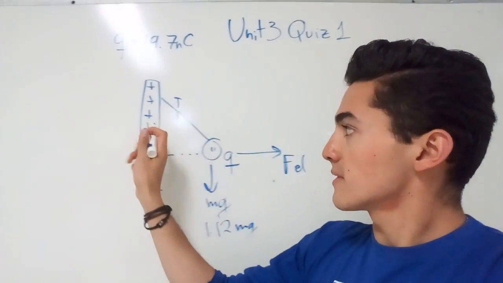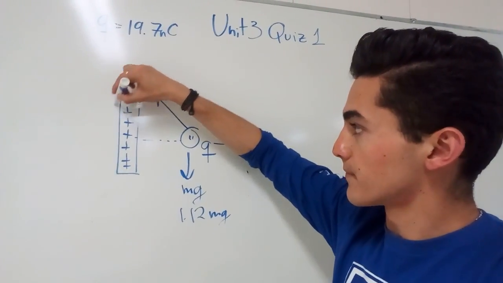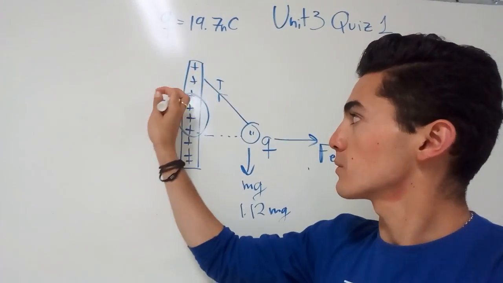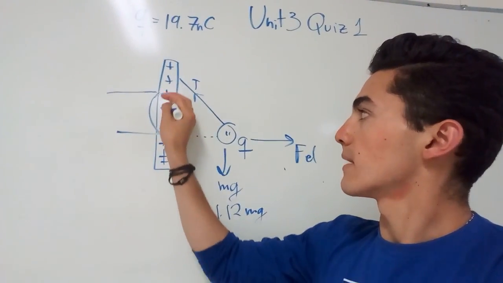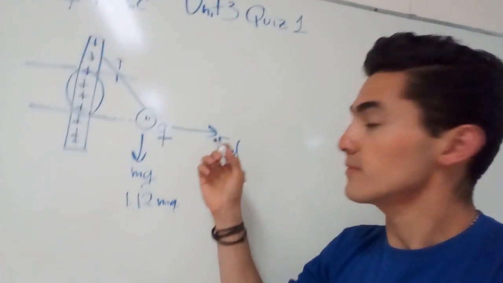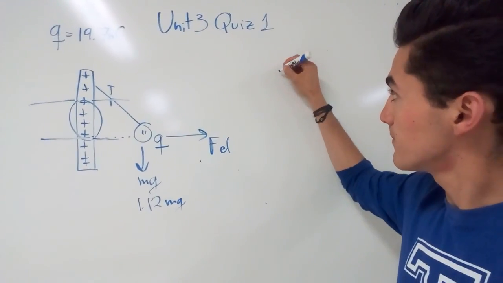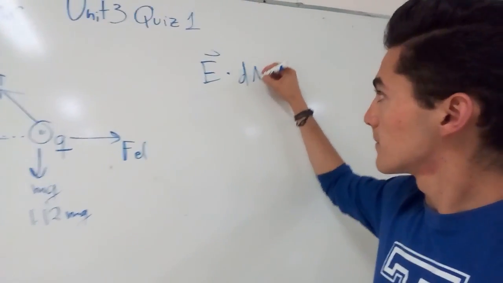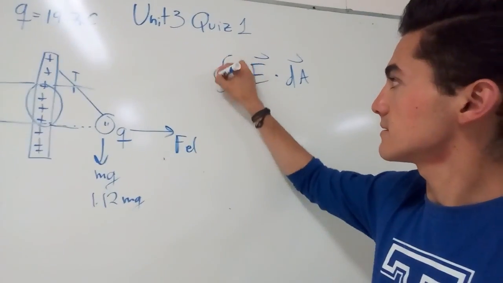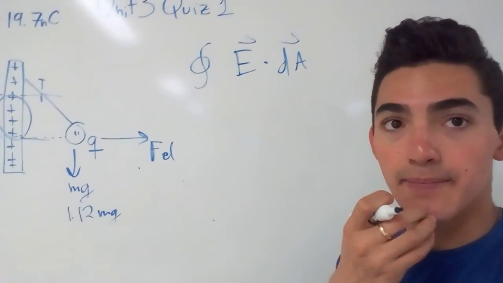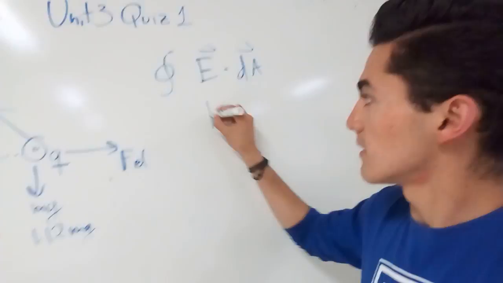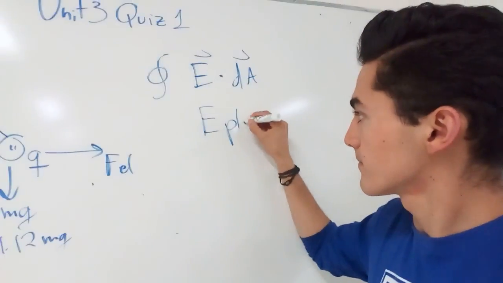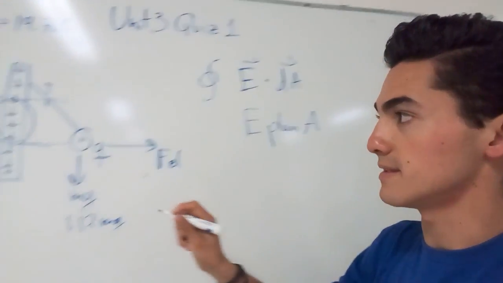As we can see, here we can apply Gauss' law and determine that we will have an electric field that will be equal, this is exactly the same as, the electric field of the plane times the area.